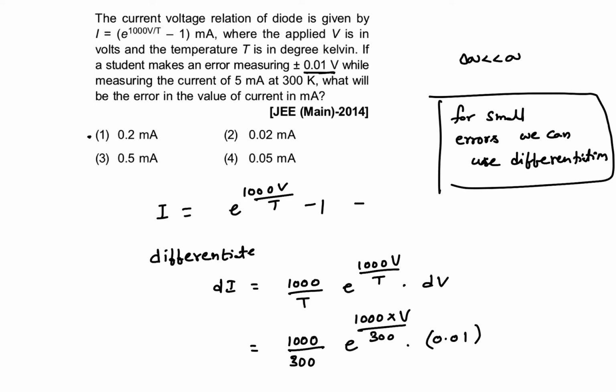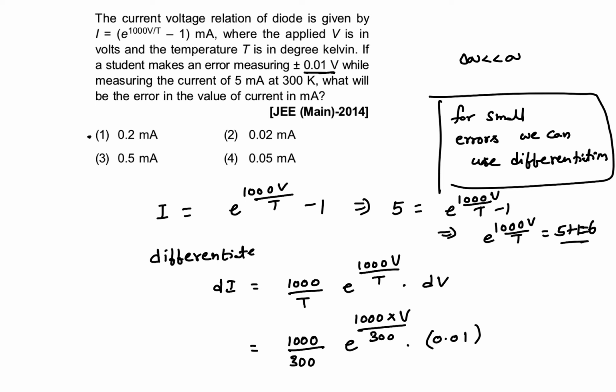Observe this carefully, they are asking what the error in this is. But the I value is also given. I is equal to 5, which is e to the power of 1000 V by T minus 1.